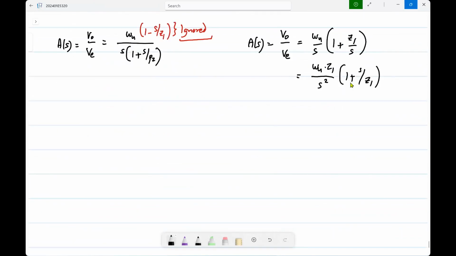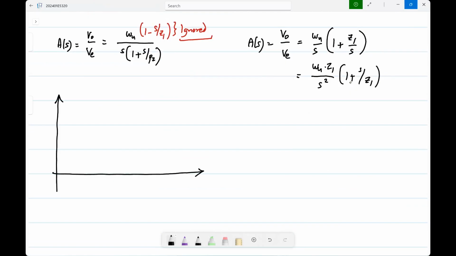Okay, so now if I sketch the Bode plot of this, in the two cases, what will I see? So in the first case, for the Miller compensated op-amp, what will the Bode plot look like corresponding to this function?